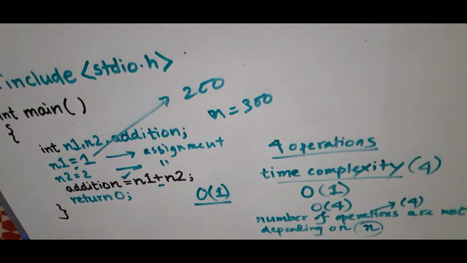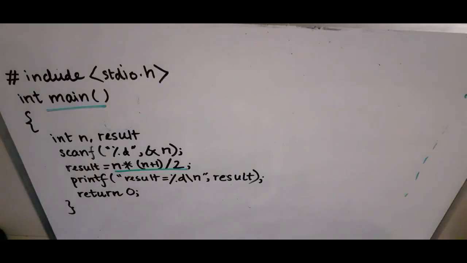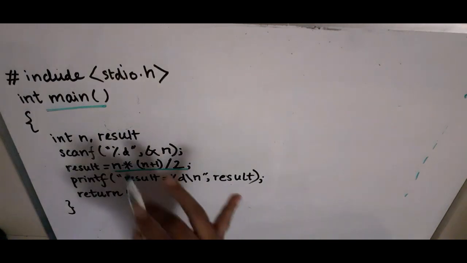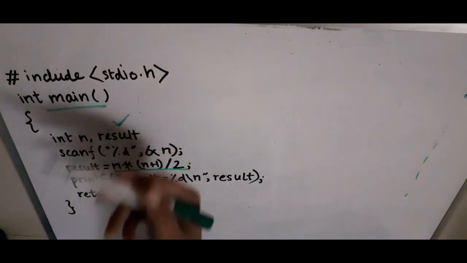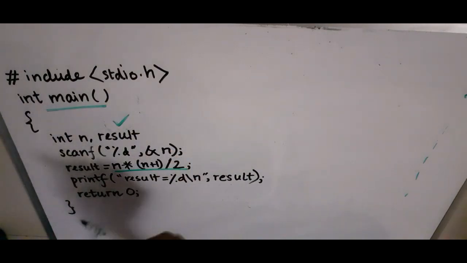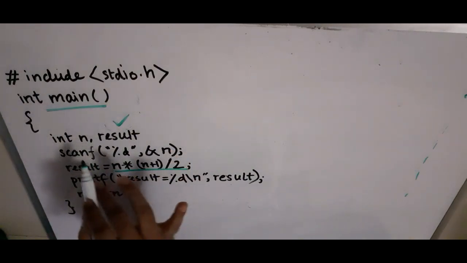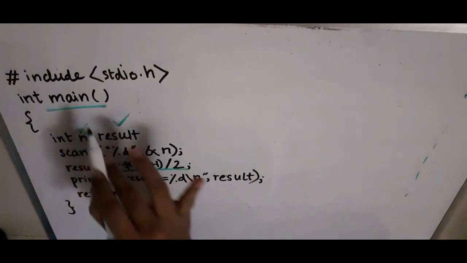In this problem also we are trying to find out the result. We have inside this main function these two variables, n and result.